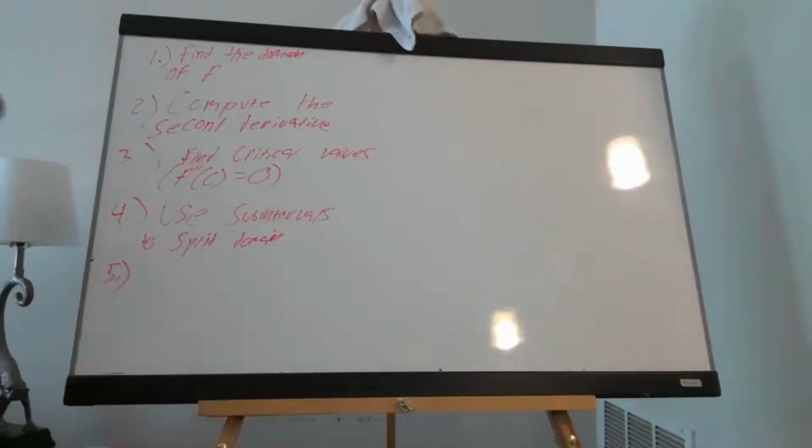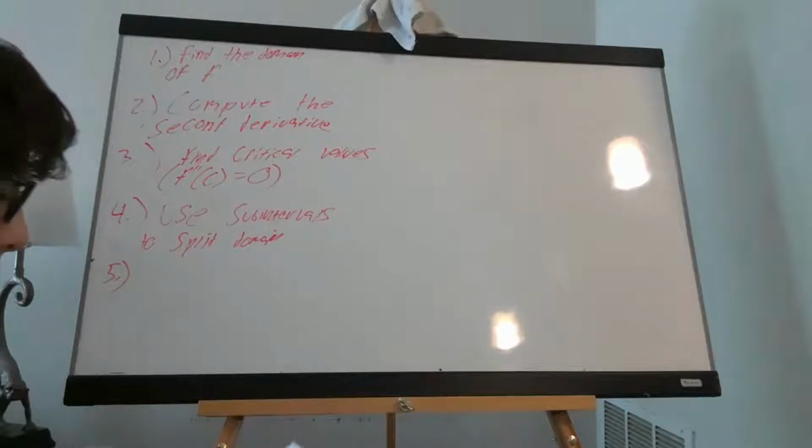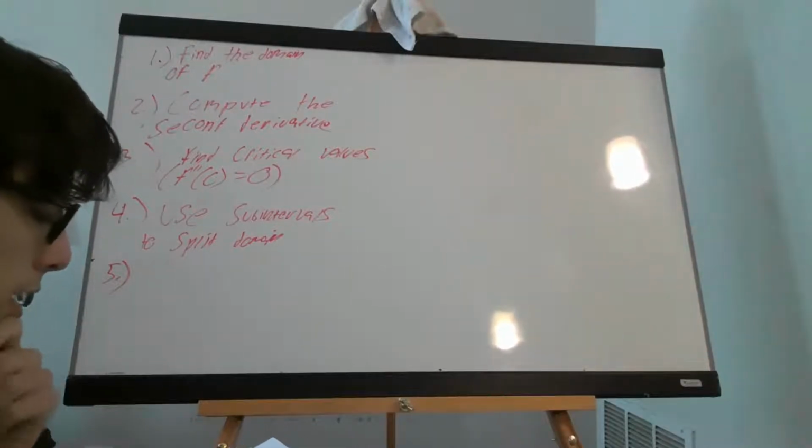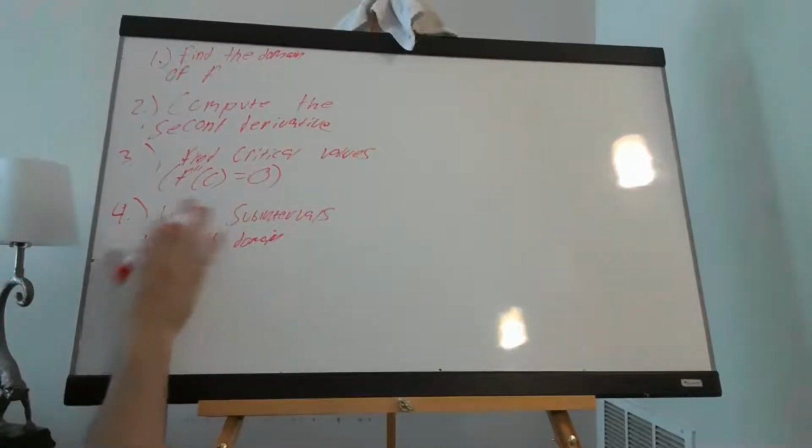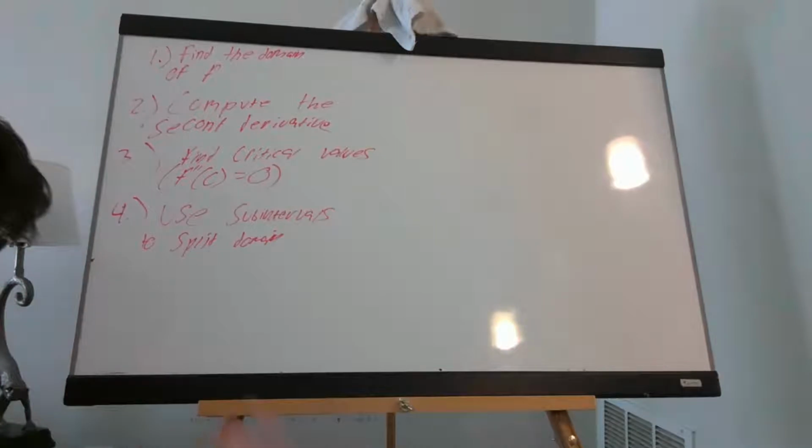I'm not going to write that down. Step 6, determine signs. Determine the sign of f double prime of whichever value we chose for the test values. Apply concavity test. So here, this is the important stuff, based on the previous step. So here's the juicy stuff for this section.